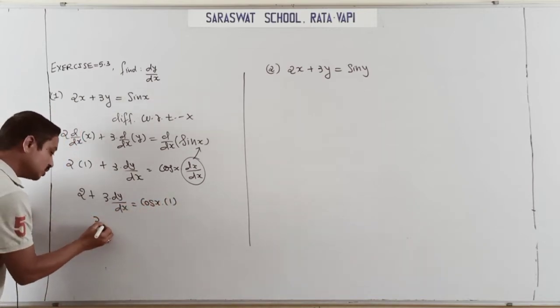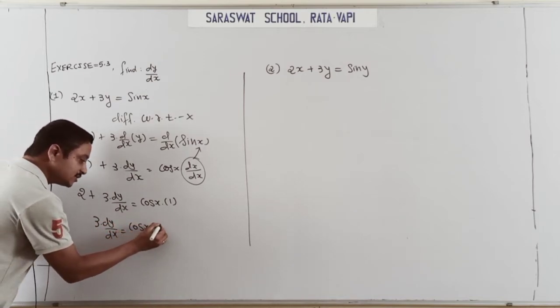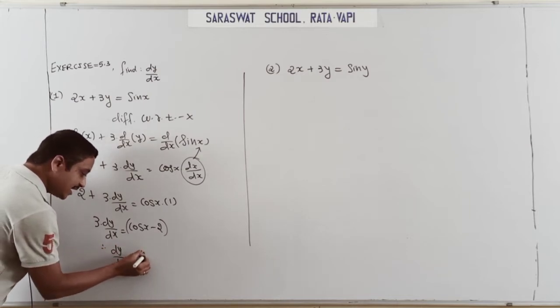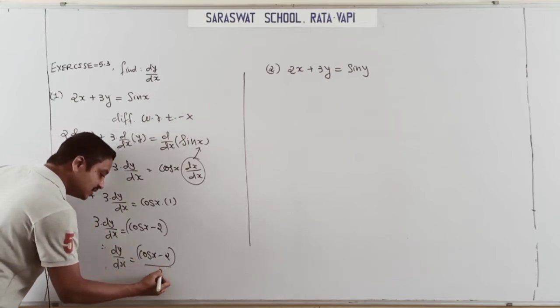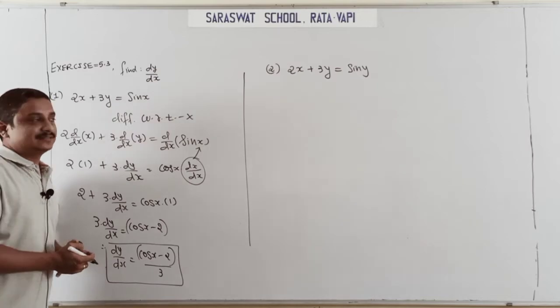Finally 1. So 3 dy by dx is equal to cos x minus 2. So what do you get dy by dx? Yes, cos x minus 2 divided by 3. This 3 I just divided. And easily done. Next one.